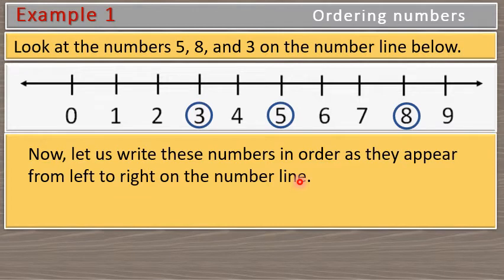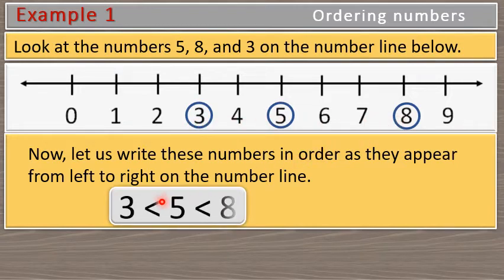So as they appear from left to right, that is 3 first, next we should write 5, and after that we should write 8. So if we write in this order, the numbers 3, 5 and 8 are now arranged in increasing order or ascending order.